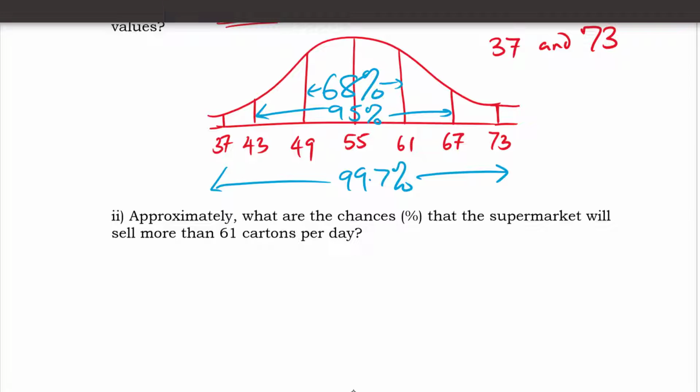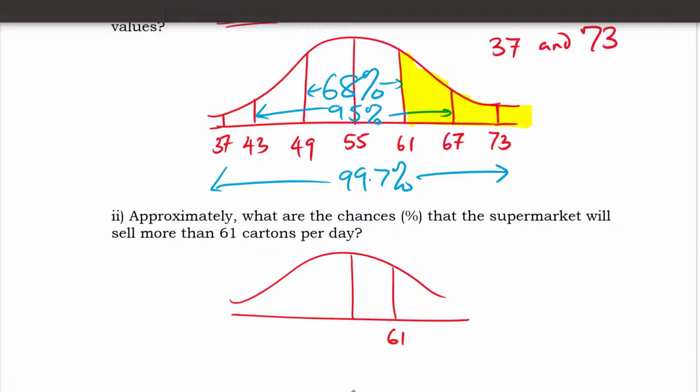So more than 61 is asking for everything to the right of this 61 here. More than means to the right. Simply look at the distribution we have. We have 61 here, and because of symmetry, within one standard deviation, we have 49 to 61, which comprises 68% of all the data values.